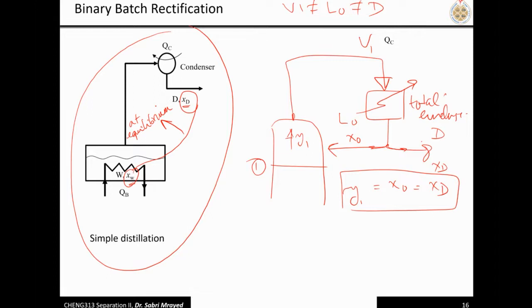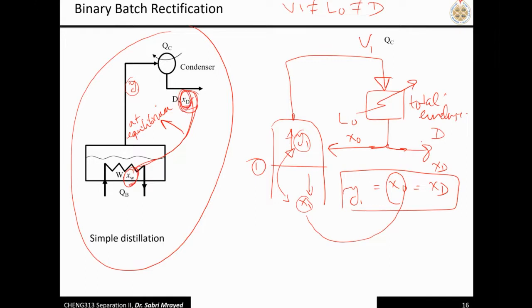Now, let's follow this up. I have y1 from stage 1 and x1 here. So x1 and y1 are at equilibrium. Is that true? Yes. So we're saying xW is at equilibrium with xD because xW is at equilibrium with the vapor y leaving the pot, and since y is the same as xD, we can say xW is at equilibrium with xD.